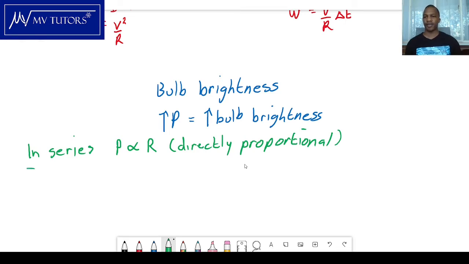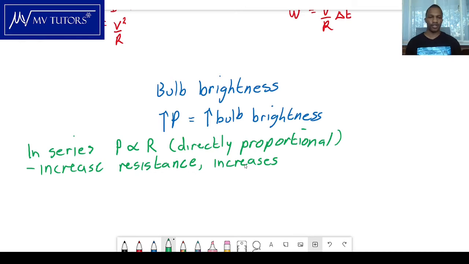This means you need to increase resistance, and increasing resistance increases power. So, increase resistance to increase power, and that increase in power makes the bulb brighter.